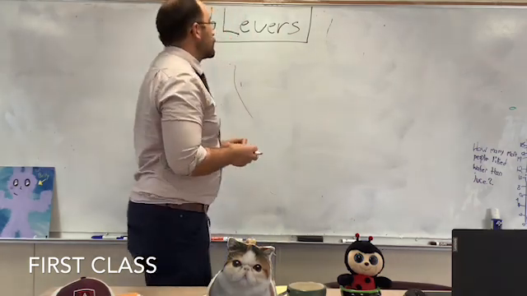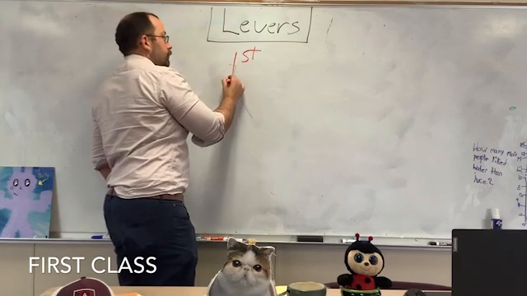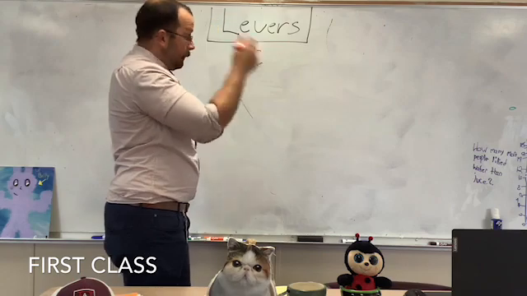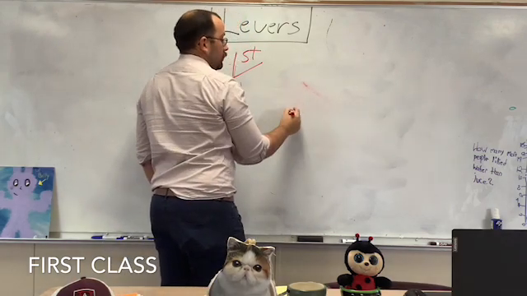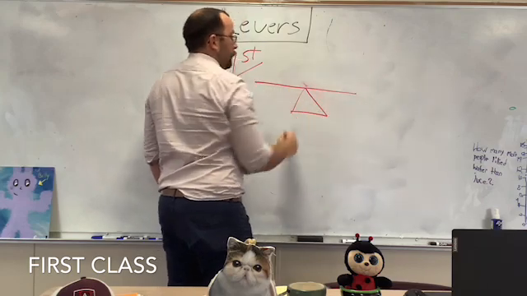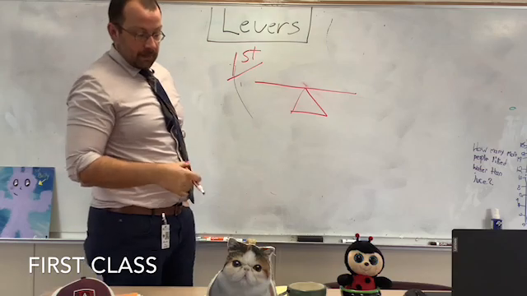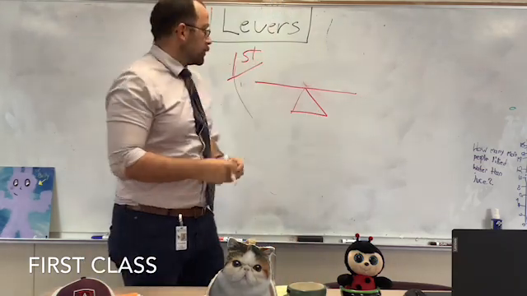So your first class of lever is basically, if you've ever seen a seesaw, that's what it is. The actual definition is when the fulcrum is between the effort force and the resistance force.